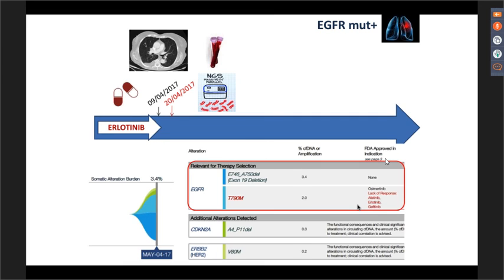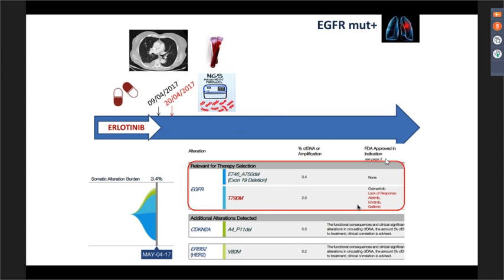In this scenario, the patient refused any invasive technique for biopsy, and therefore we decided to take a blood sample and analyze these samples using an NGS method.